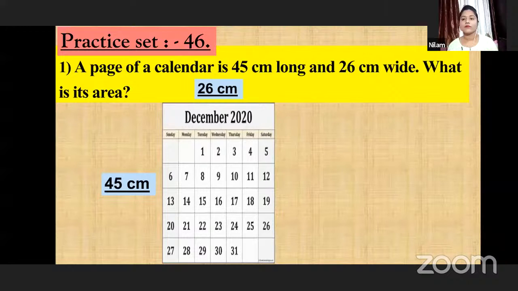Can you see the page of a calendar on the screen? Yes, Miss. Okay. So the page of the calendar is there on the screen, which is rectangular in shape, and the length is also given and width is also given. Long means the length and wide means the width of the calendar. And when we got all the details in the question, then it is very easy for us to find out the area.